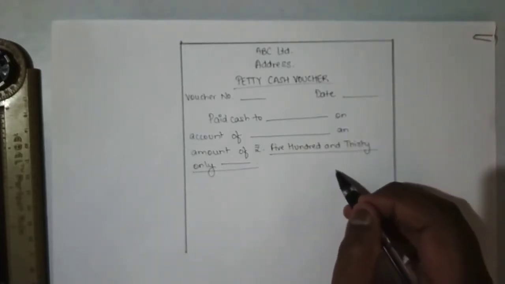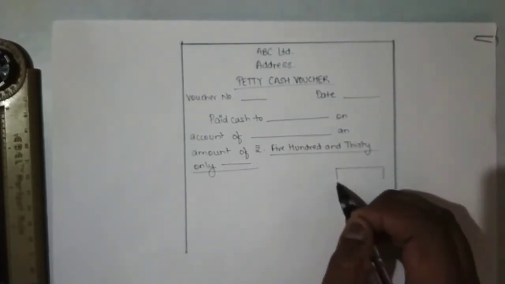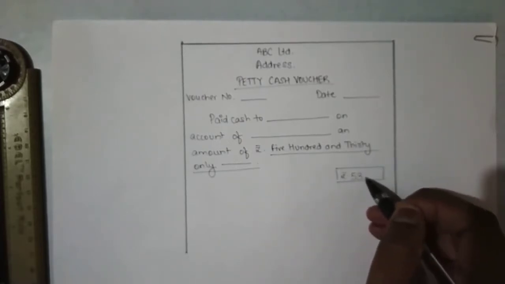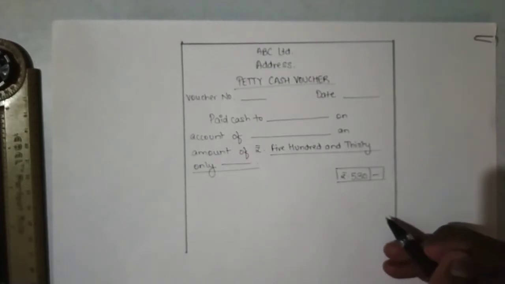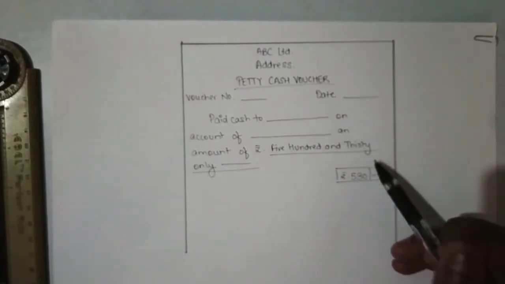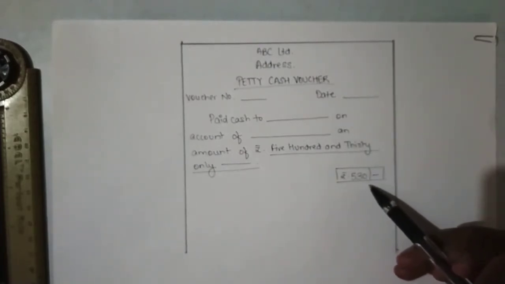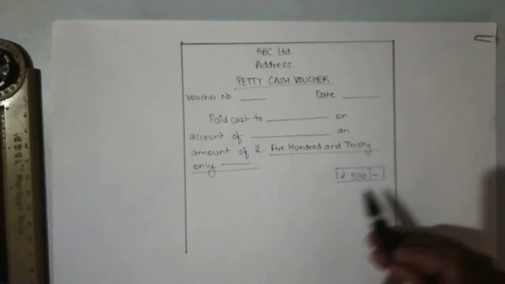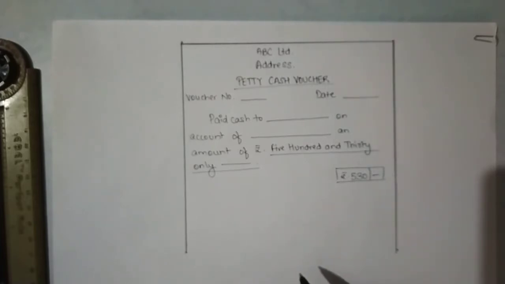Then I will draw a box, rupees 530 only. Now till here the voucher and a petty cash voucher is the same. There is no change, but the signatories are going to change over here.